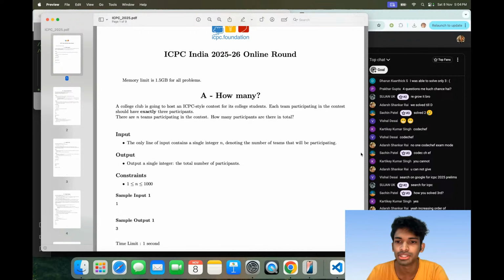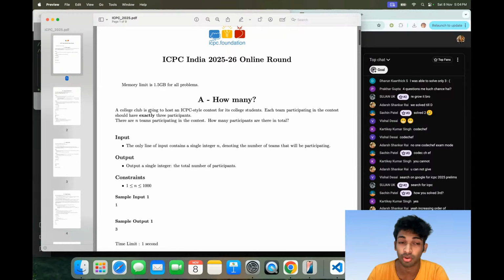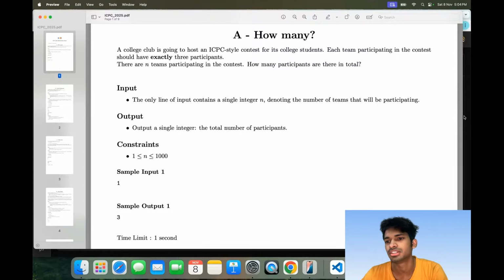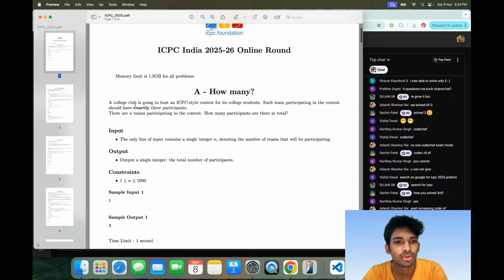A college club is going to host an ICPC style contest for its college students. Each team participating in the contest should have exactly three participants.